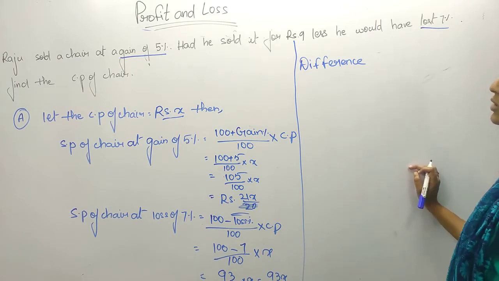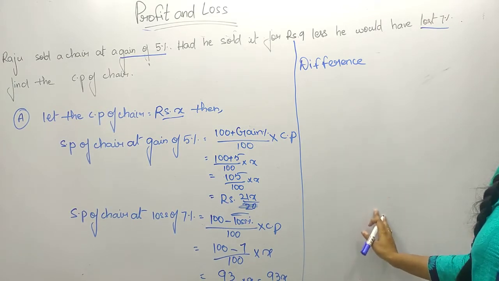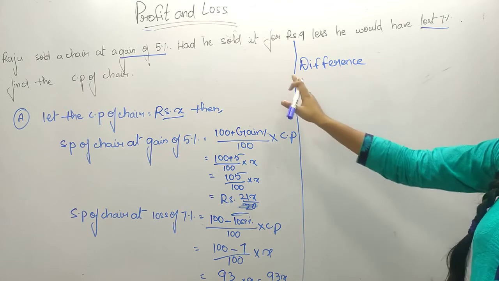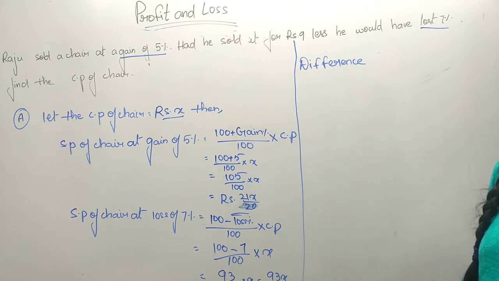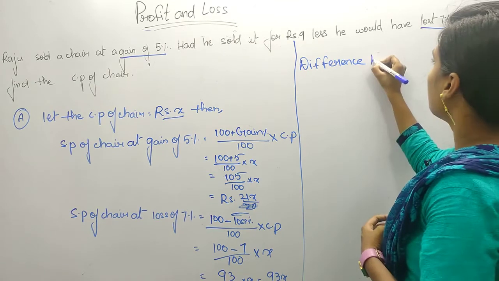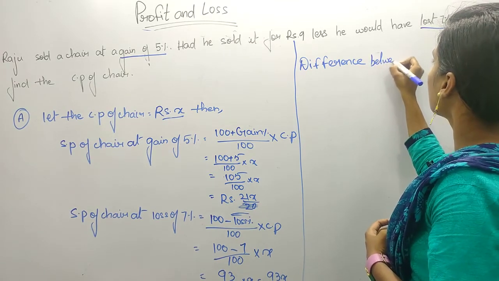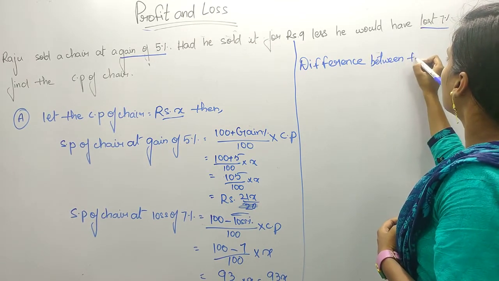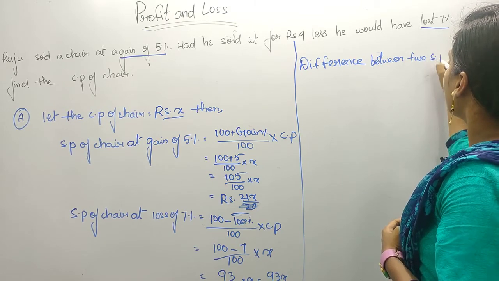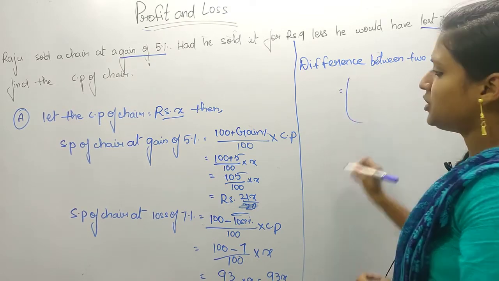Now we have to do the difference. We have to find the cost price also. Difference between the two SPs is equal to how much?